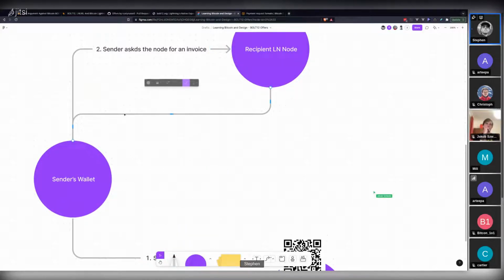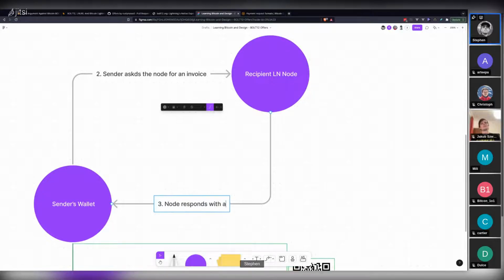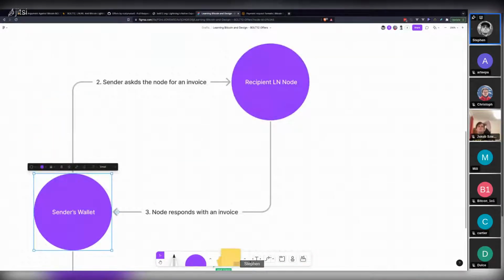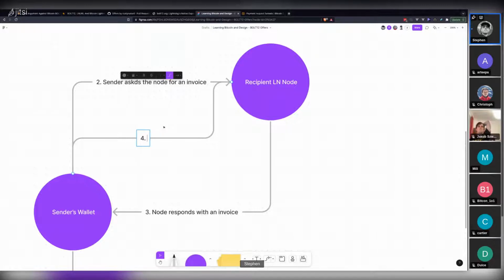Forgive me while I'm being nerdy about my design layout while we're doing this. No worries. And I'll say step three, node responds with an invoice. And really I need to get this one out of the way so you can see a little bit better. And then we'll say step four, sender pays invoice.